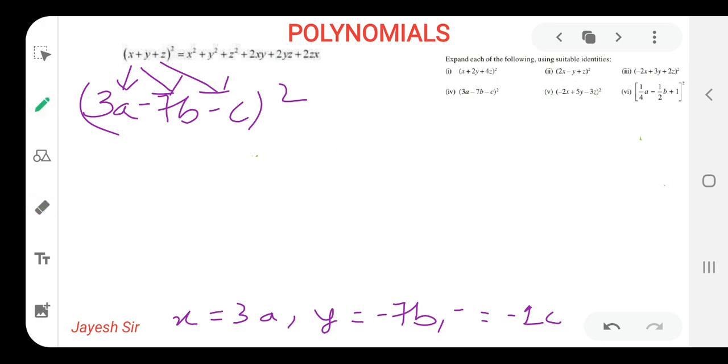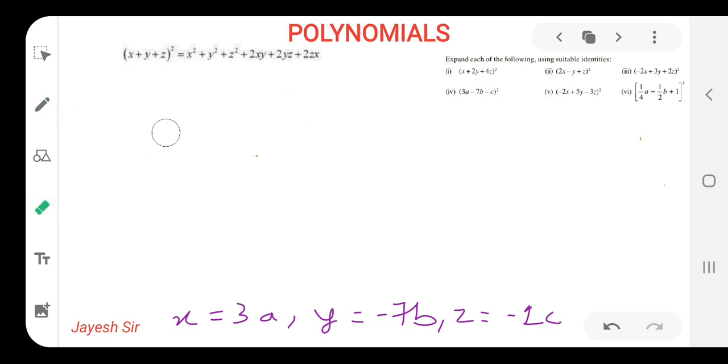Yes, friends. In this way we have written the value for x, y and z over here. So let's solve the right hand side of our question. We'll just put the value of x, y and z in the equation, and we'll find the value. Value for x is 3a, so 3a square plus y means minus 7b square plus z means minus 1c the whole square plus 2, as it is.